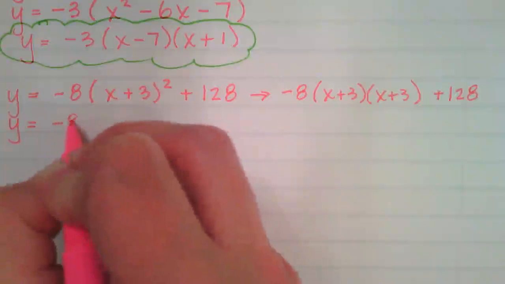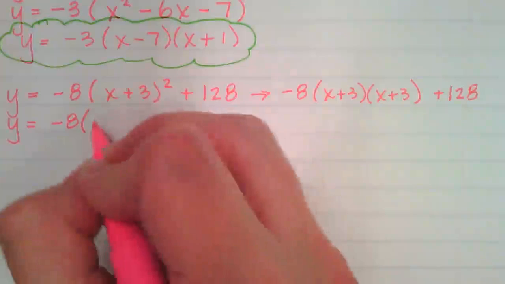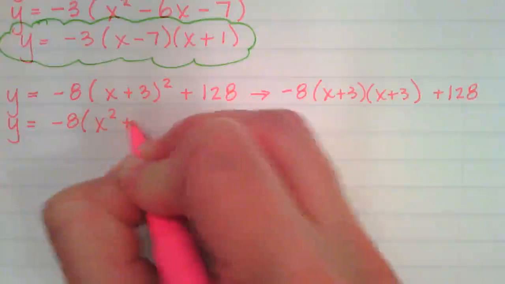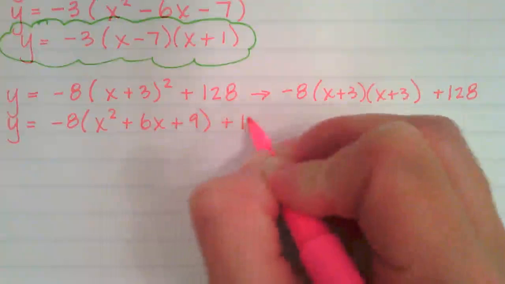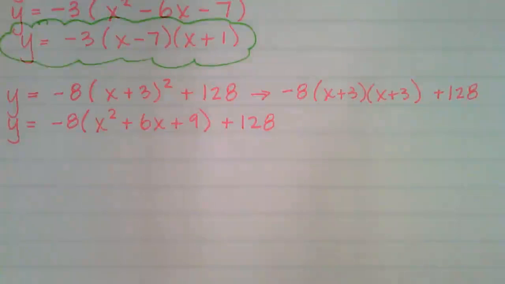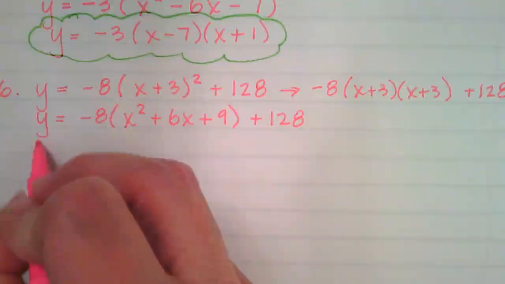So -8. When we multiply x plus 3 times itself, we're going to get x squared plus 6x plus 9, and then plus 128. All right, now I need to distribute my GCF.